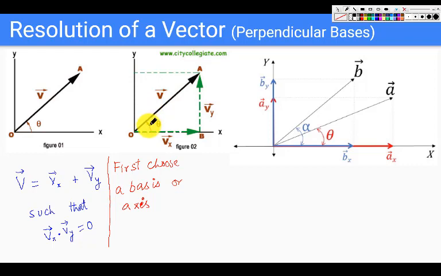What do I mean by that? I know that cos of theta is going to be equal to the magnitude of Vx divided by the magnitude of V.